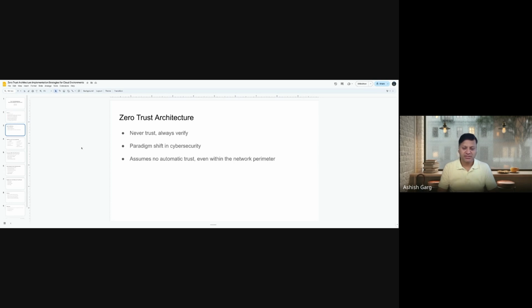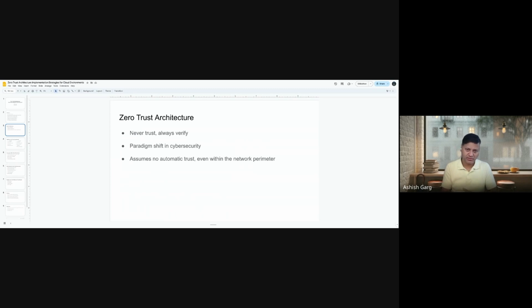Coming on to zero trust architecture, it's a never trust, always verify architecture. That means you don't get permission once and then can do whatever you want. You will always be authenticated. You'll always be tested on who you are. That's a big paradigm shift in cybersecurity. Going back 20 years, 30 years, you log into a system, you have access to all the resources, you can do whatever you want with it, and then you log out.